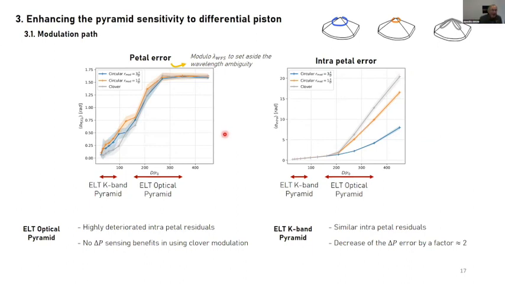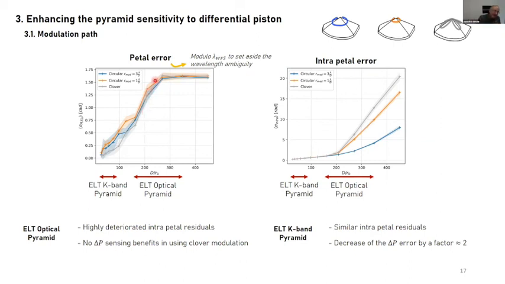What's happening here is that we see this plateau because it corresponds to completely random fluctuation of the petals. Basically, the pyramid had more petal within the wavefront error, and so we can have divergence of the petals here, or really random fluctuations. And here we start to have a measurement at that point.